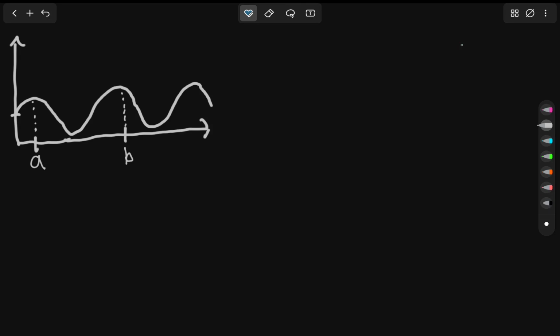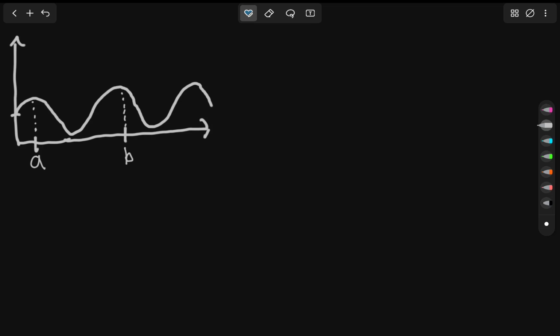Well, let me suppose this. What if we had an infinite amount of rectangles? Well, as the n gets bigger and bigger, the approximation isn't going to be an approximation anymore. In fact, it's going to become the exact value.